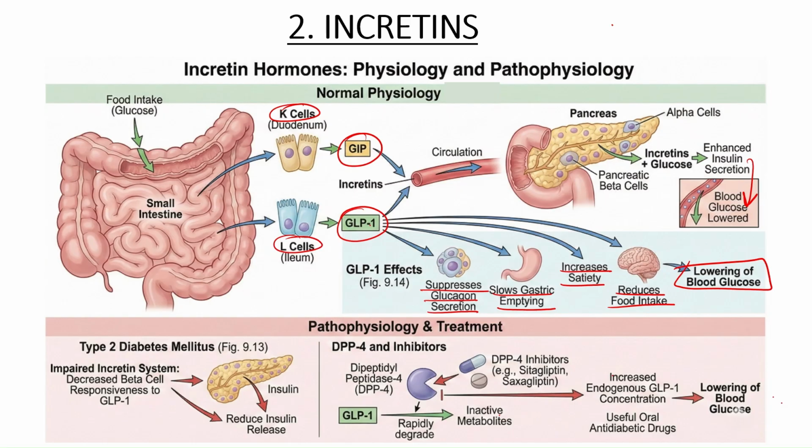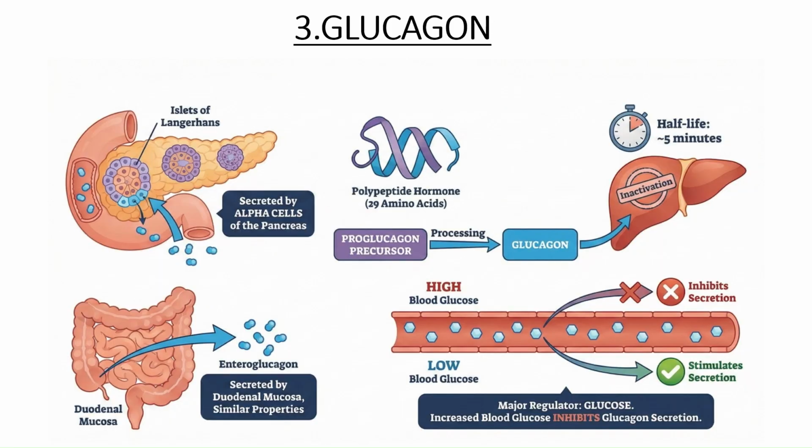And the GLP-1 is degraded very soon because of the enzyme dipeptidyl peptidase 4. So the clinicians will be using DPP-4 inhibitors like sitagliptin and saxagliptin, which will increase the natural GLP-1 levels, lowering the blood glucose. Coming to the glucagon.